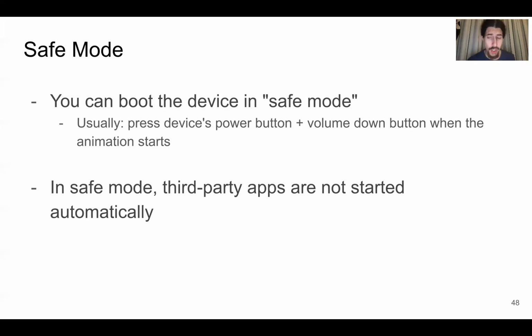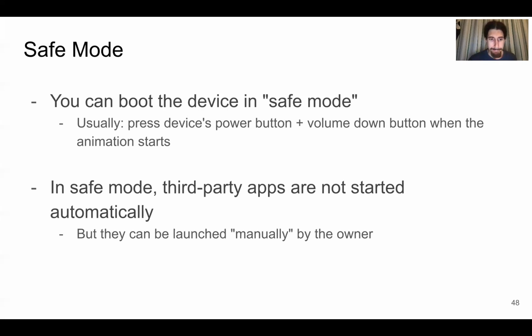So safe mode is there so that the malware cannot get persistent through on-boot completed or other techniques, and so that if the user is not able to do force stop, at least you can go to safe mode, and then you can uninstall the app before starting it, and now you're safe. Okay, so keep this in mind.